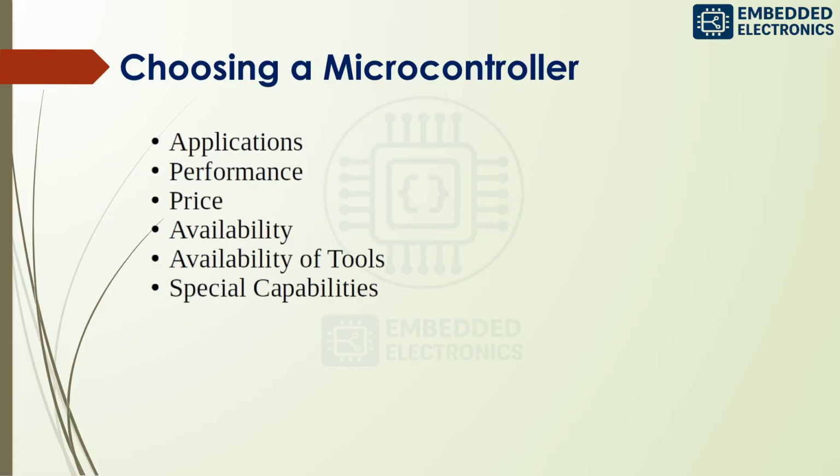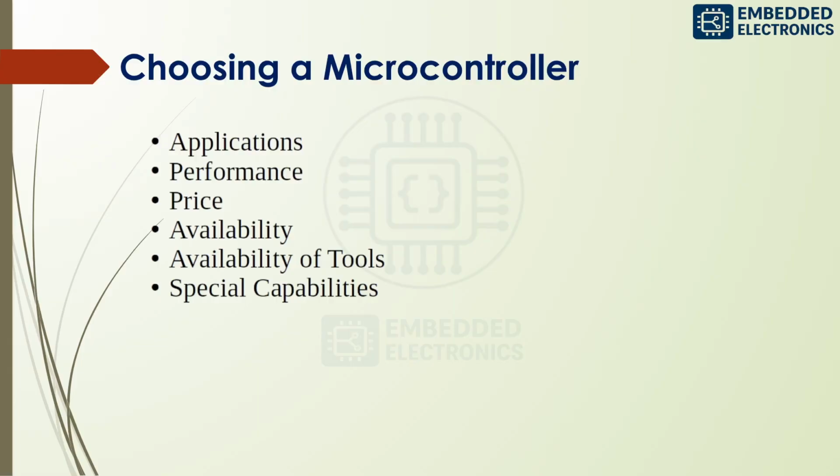So, choosing a microcontroller. First, we know exactly what your device needs to do. Next is the performance. Performance means clock speed, RAM and processing power. More performance costs more money and uses more power. So always choose the minimum performance your application needs. And next is the price.